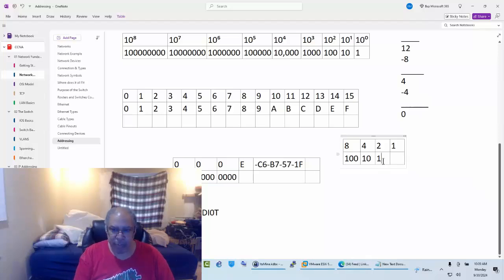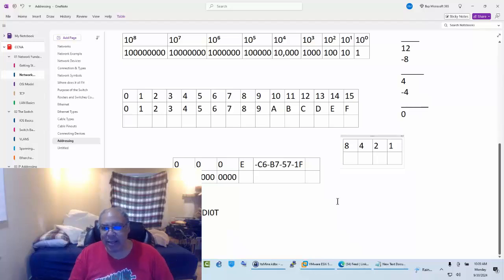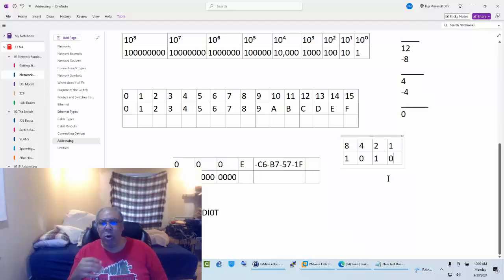Okay. Now, if we had an A, A would be 10. Simple math. 8 and 2 equals 10. 0 and 0. We've now converted that hexadecimal value over to binary.